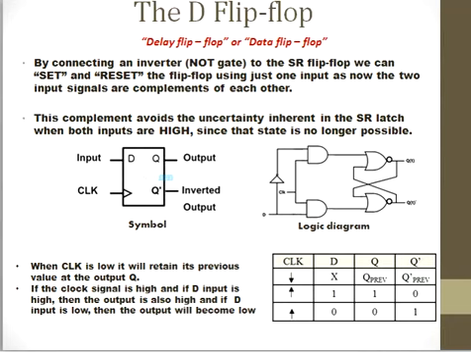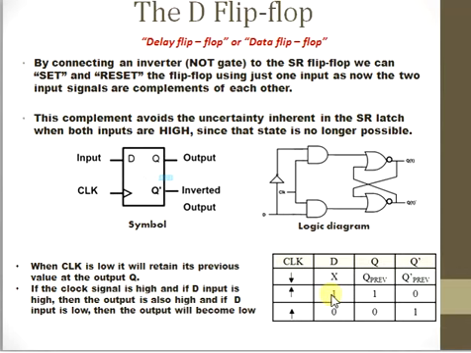We can see this is the truth table for this kind of flip-flop, and you can see here when the clock signal is low, the output remains the same. So there is no change irrespective of what is given to the D input. But when the clock pulse is high, and if you are giving 1 to D, that corresponds to the set condition, and that will be transferred to the Q output.